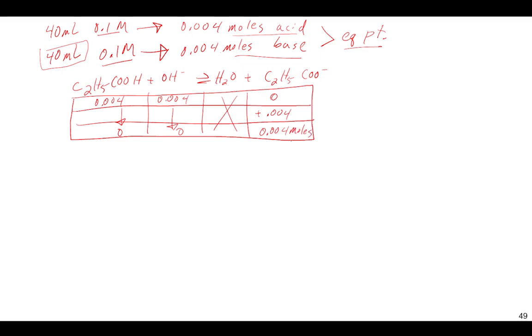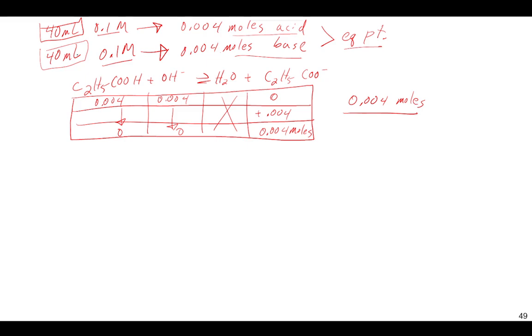Now, we talked about in the previous video how the next step after you figure out at equivalence point how many moles of the conjugate you've created here, it's time to turn this into a concentration. So you need to take this moles of base and divide it by the total liters, right? Which is 40 plus 40.